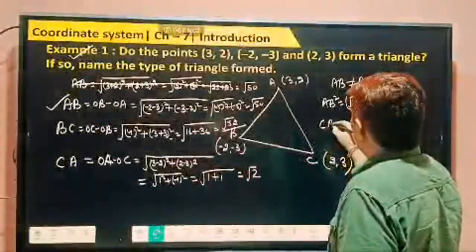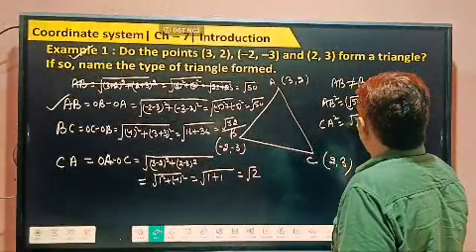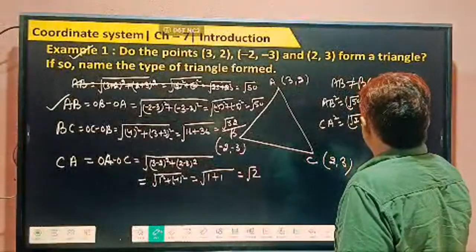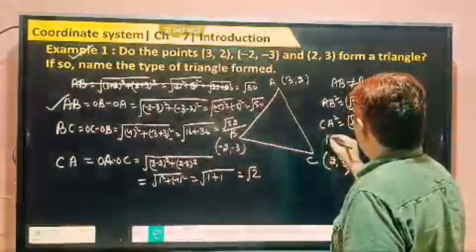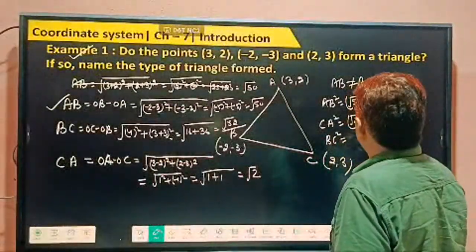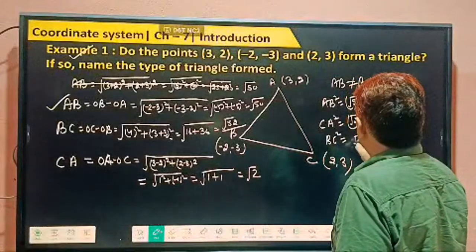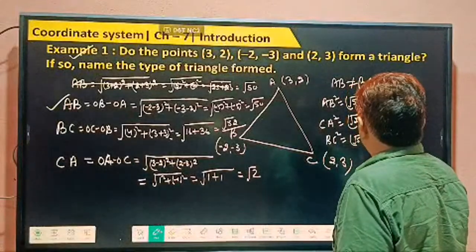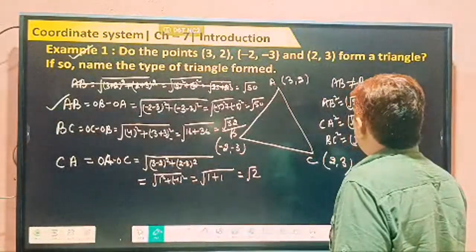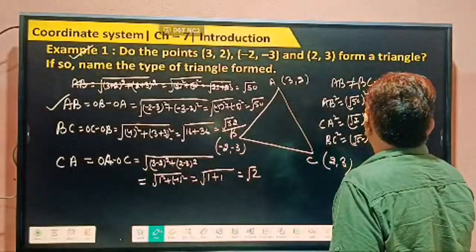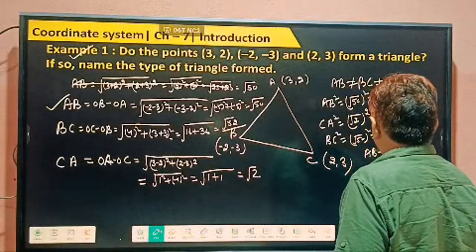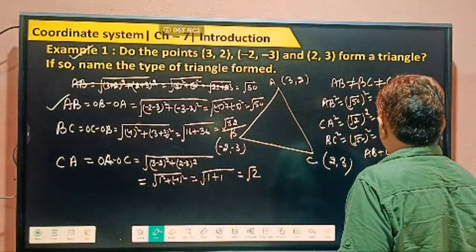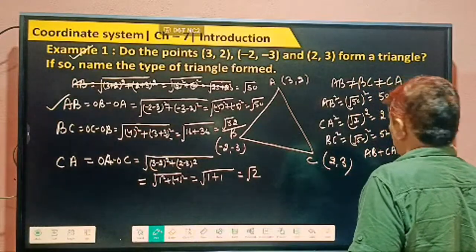CA square is under root 2 whole square, which is 2. And BC square is under root 52 whole square, which is equal to 52. So what can we say? AB square plus CA square is equal to BC square.